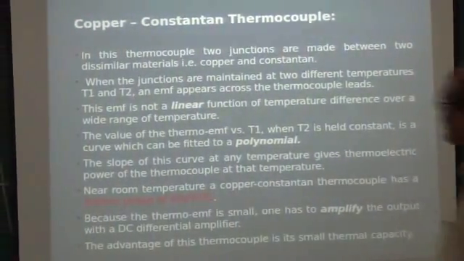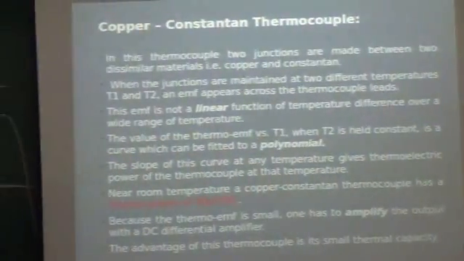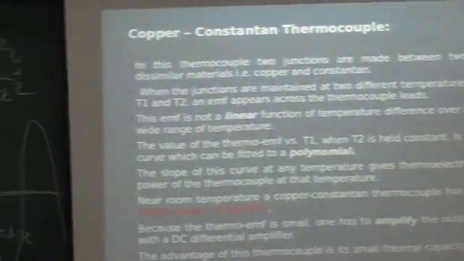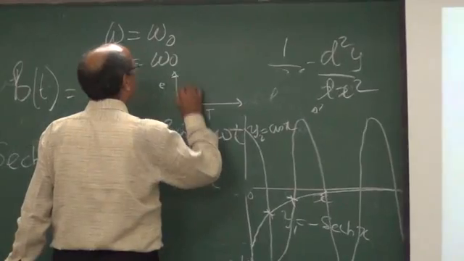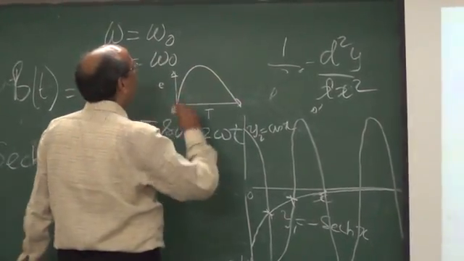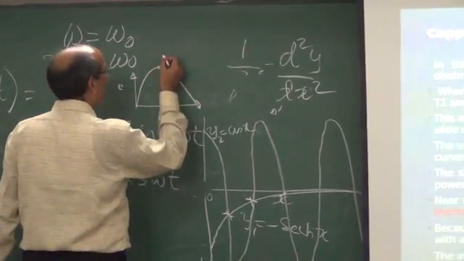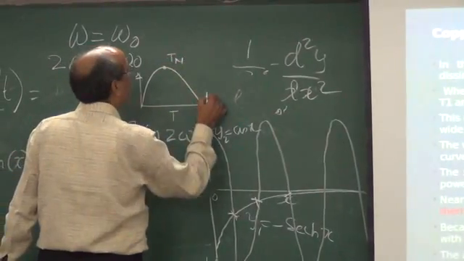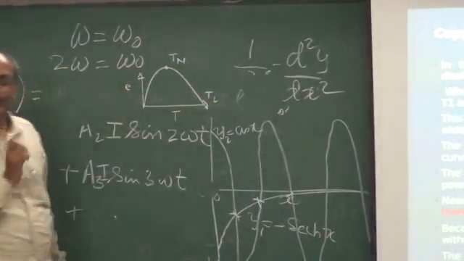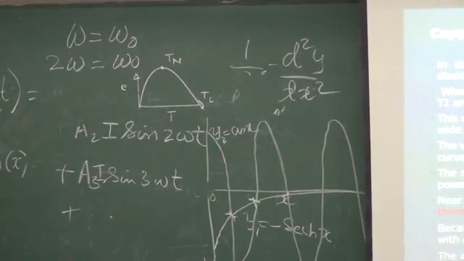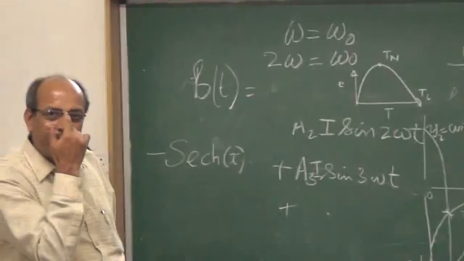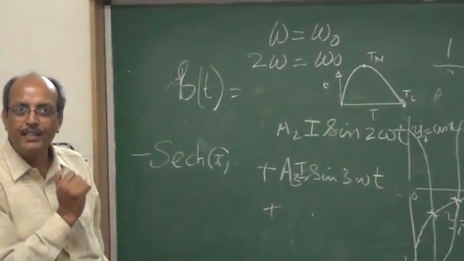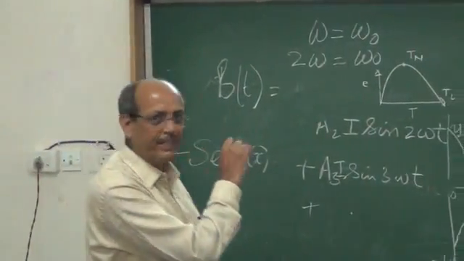Okay, in fact, if you plot thermo EMF here and the temperature here, it shows a behavior like this. This is called the neutral temperature, and this is called the temperature of inversion. Okay, you will be doing one experiment where you are going to study even the temperature of inversion and neutral temperature also, but that experiment has been set up by Professor P.T. Ramesh. He will discuss all these things.